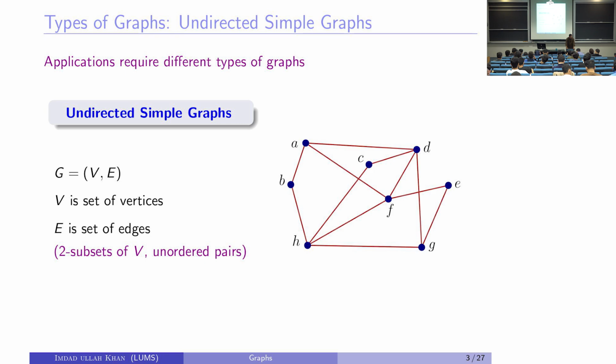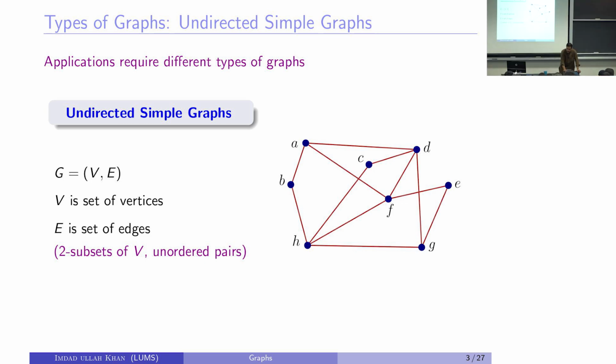In these, the vertices are stations or Facebook users, and edges are friendships. In a highway network, vertices are intersections between two roads, and edges are the road segments joining two intersection points. These are what we call undirected simple graphs.